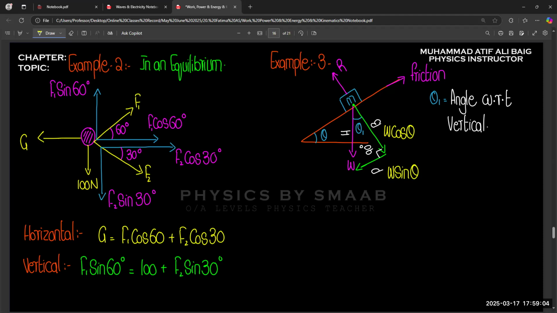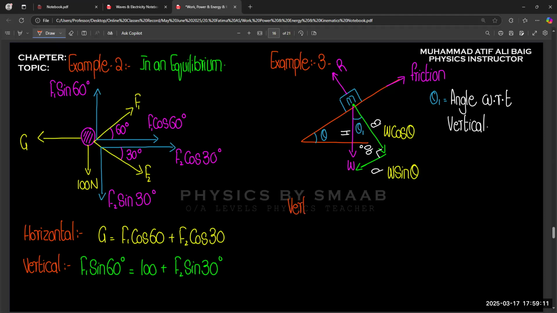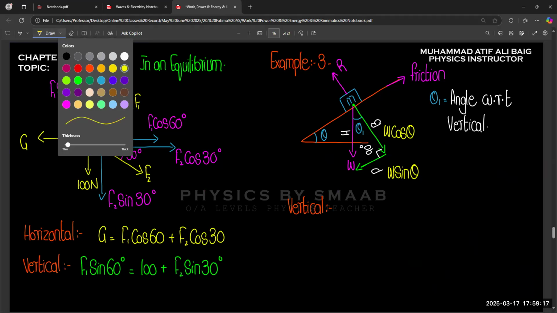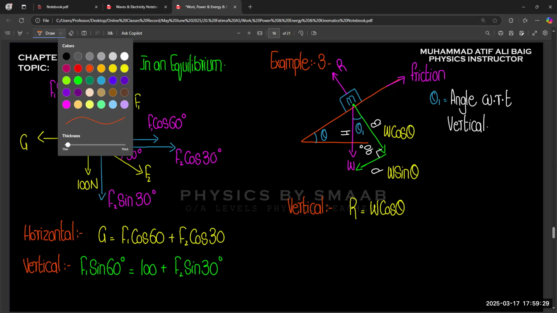So according to the vertical component first, if we mark the vertical components, in vertical components, normal reaction is equal and opposite to W cos theta according to the diagram. And there is no other vertical force.